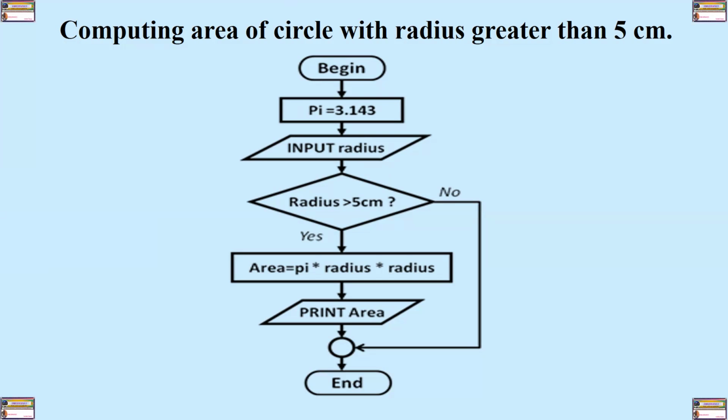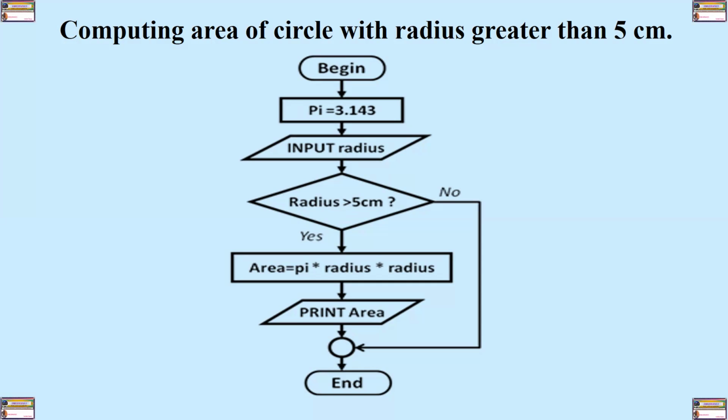One is we have the beginning. So we first of all assign 3.143 in a memory location called pi. That is a constant. Then we request the user to enter radius, and that value of radius is read and stored in a memory location called radius. The next is a condition for checking if the value that has been entered is less or greater than 5.